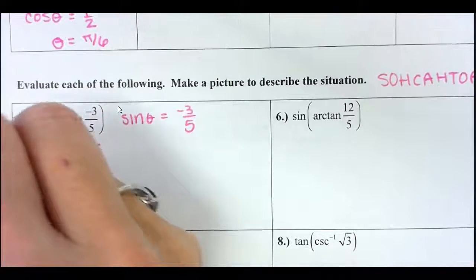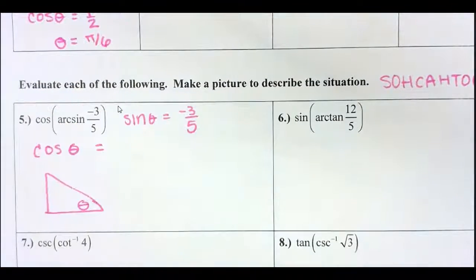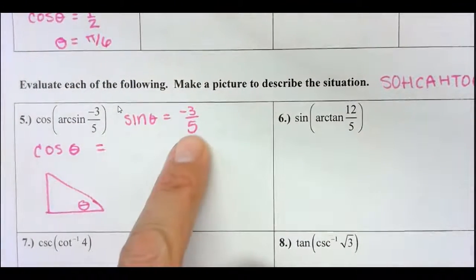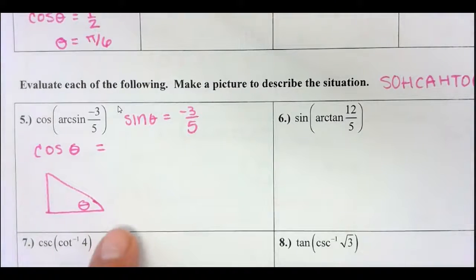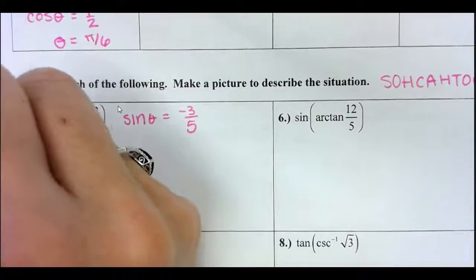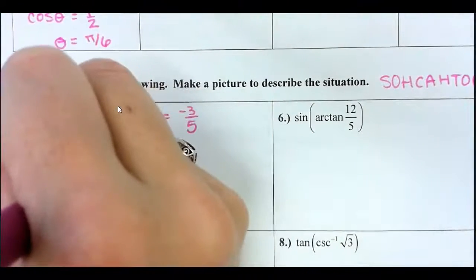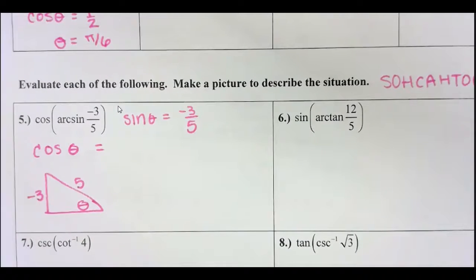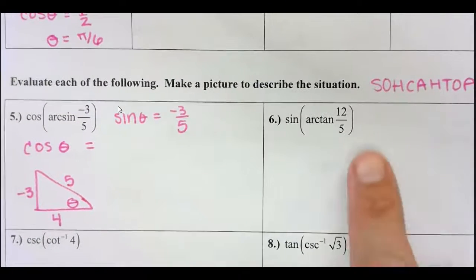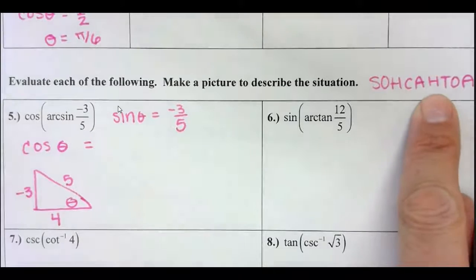So in terms of a picture, there's my theta. If the sine of theta is negative 3/5, then the opposite is negative 3 and my hypotenuse is 5. If you go back to Pythagorean triples, this is a 3, 4, 5 triangle. So cosine is adjacent over hypotenuse.